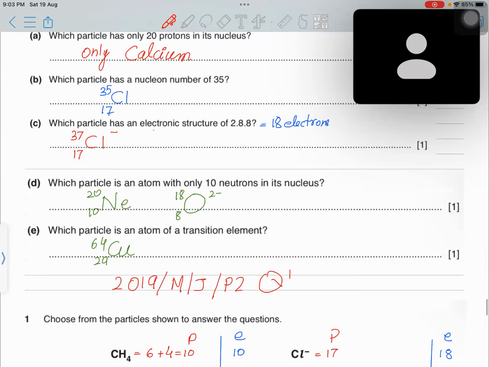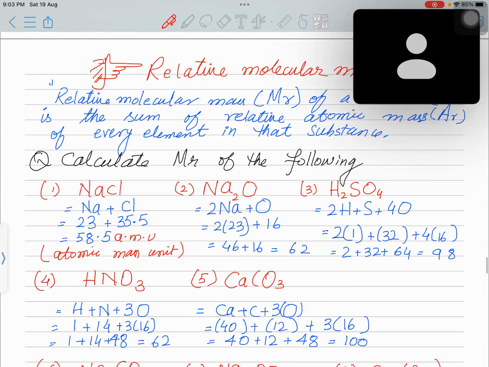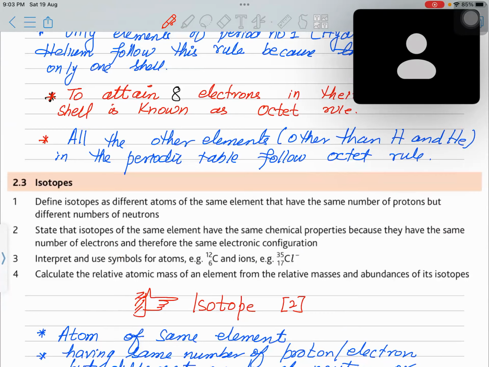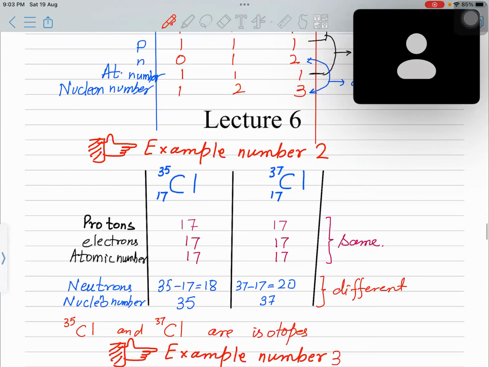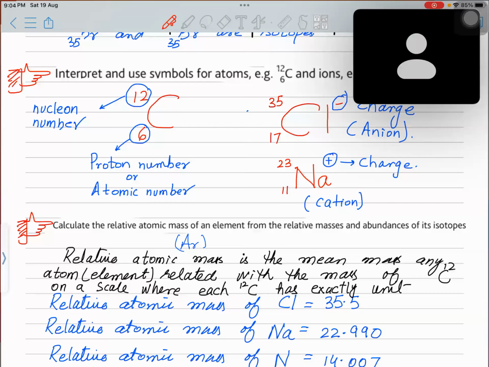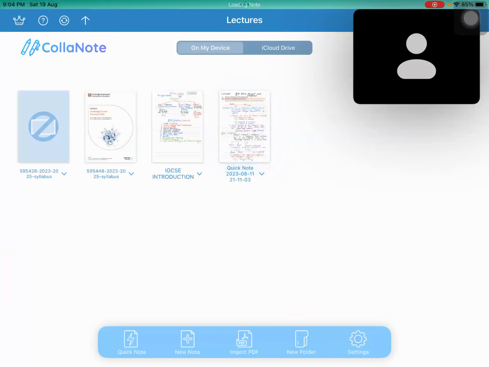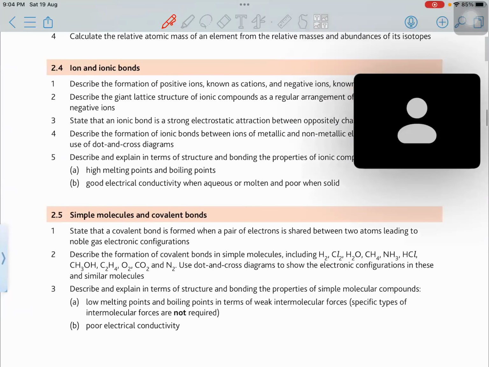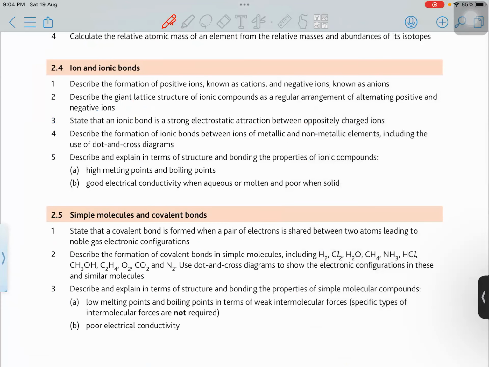So the name of the unit is isotope, 2.3 isotope. Now 2.4. Ionic bond is the topic.